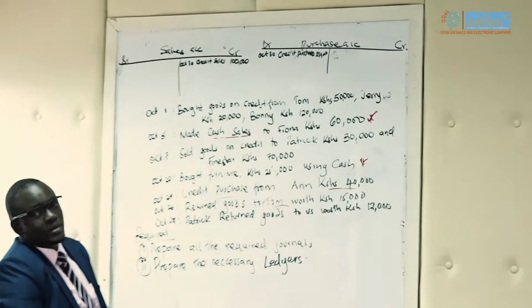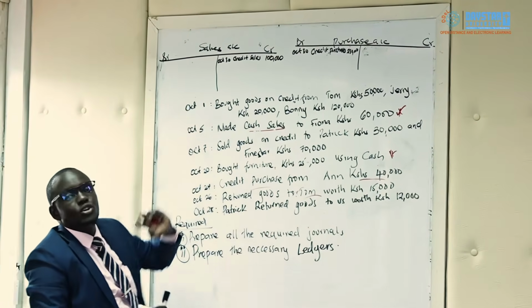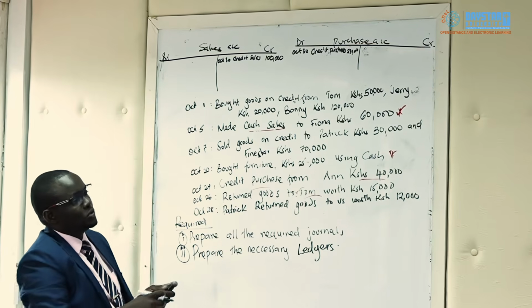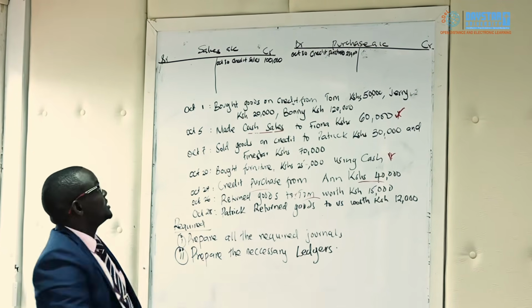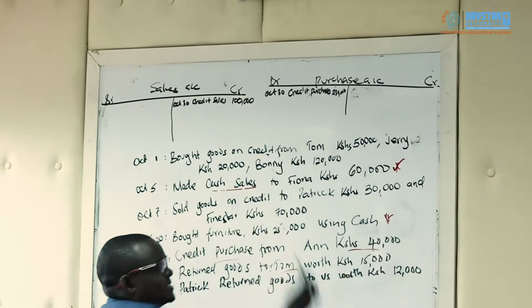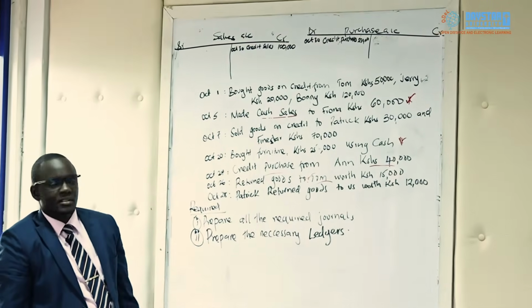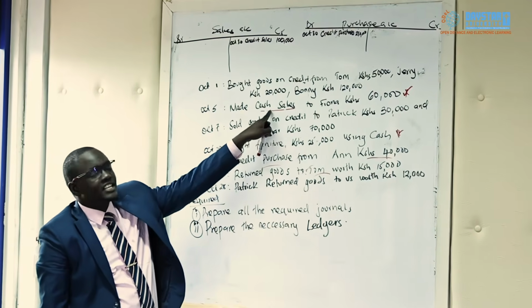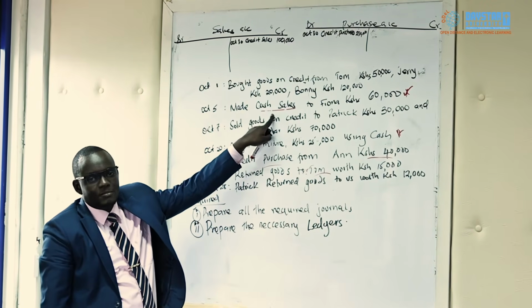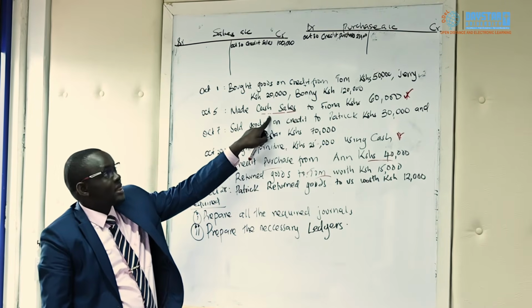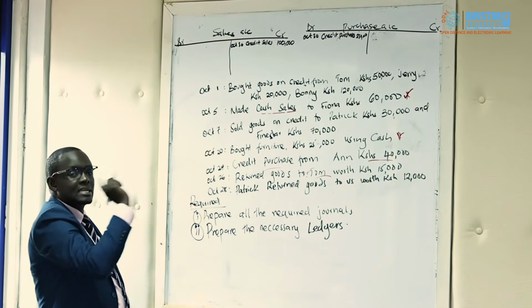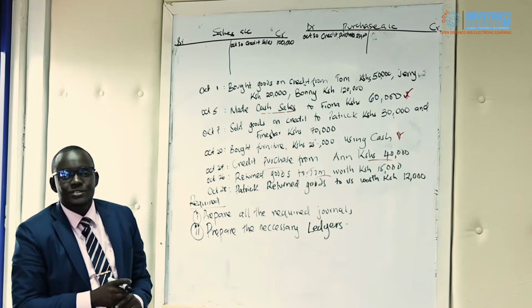If you want to record this, you can also record per individual, because you have the list. The list is in the journals. You can break it down to each individual. Then you record the cash sales. That is how you take the balance from the journals to the ledgers.